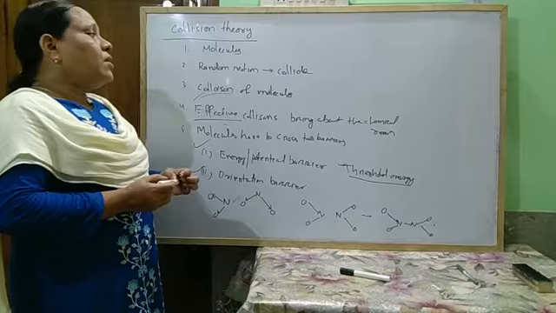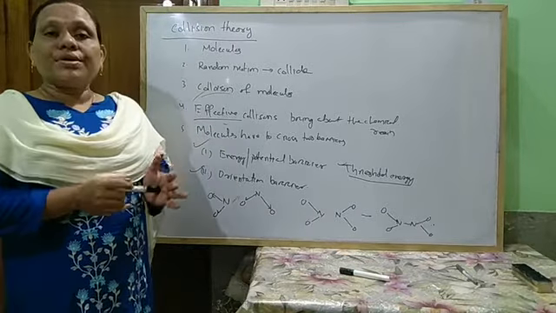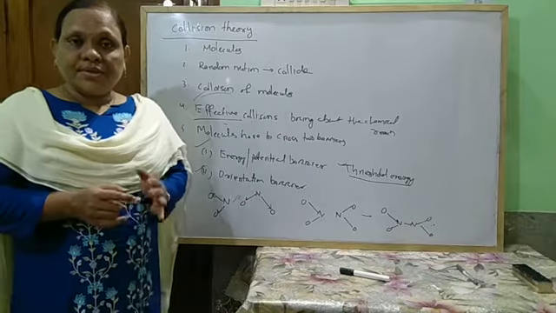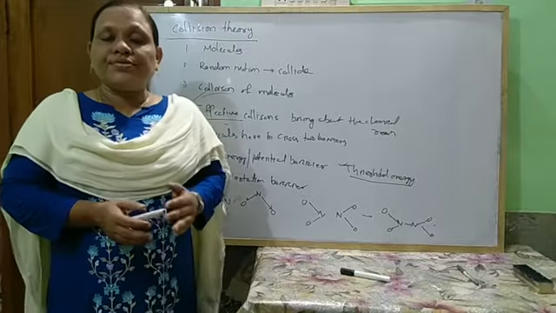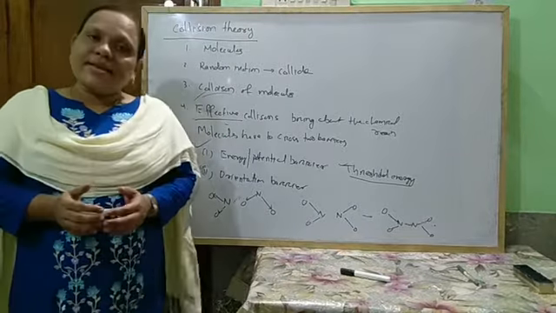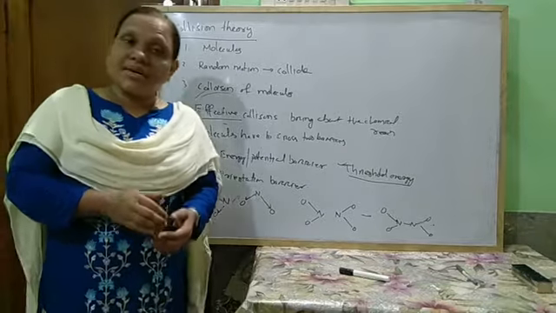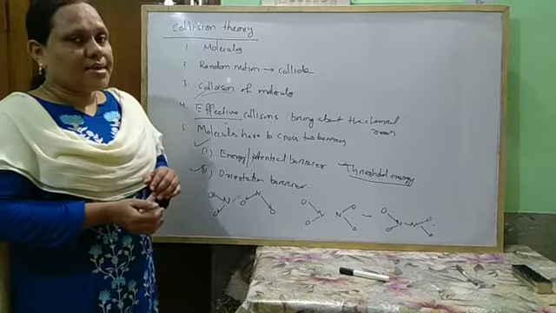To summarize, gases or reactants consist of molecules, and the molecules are always in random motion. They collide with each other, and due to this collision of molecules, a chemical reaction takes place. But all the collisions do not bring about the chemical reaction. Only effective collisions do.